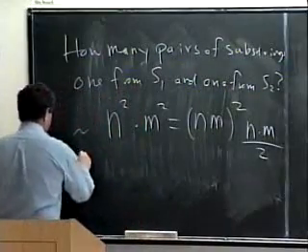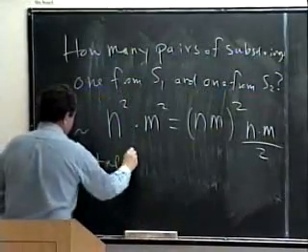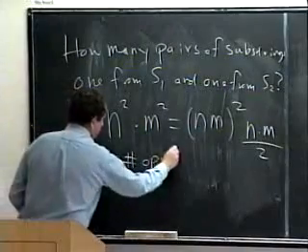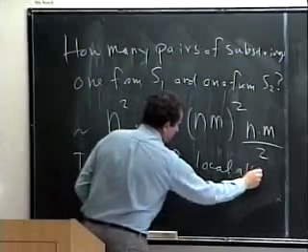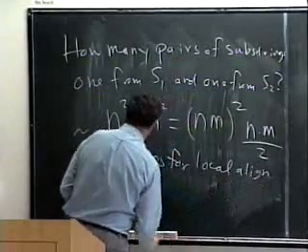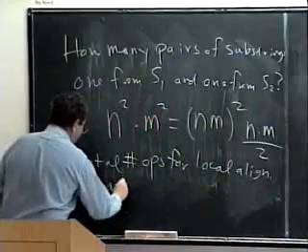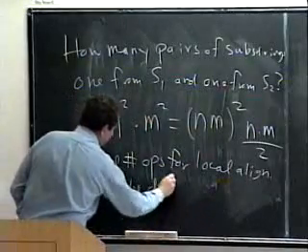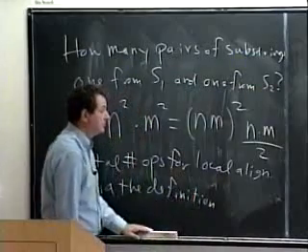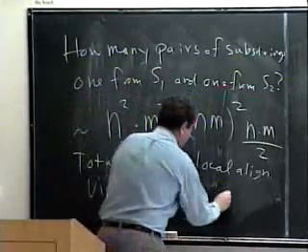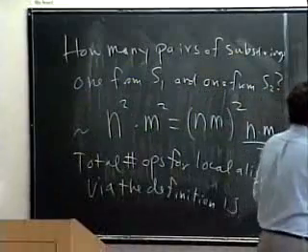So, total number of operations for local alignment, and by that, I mean via the definition, if you just do it the way the definition suggests doing it, is what?